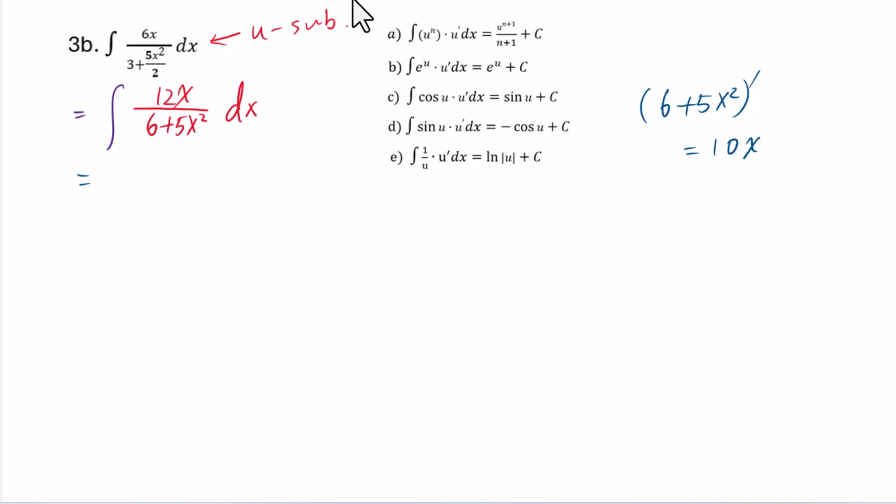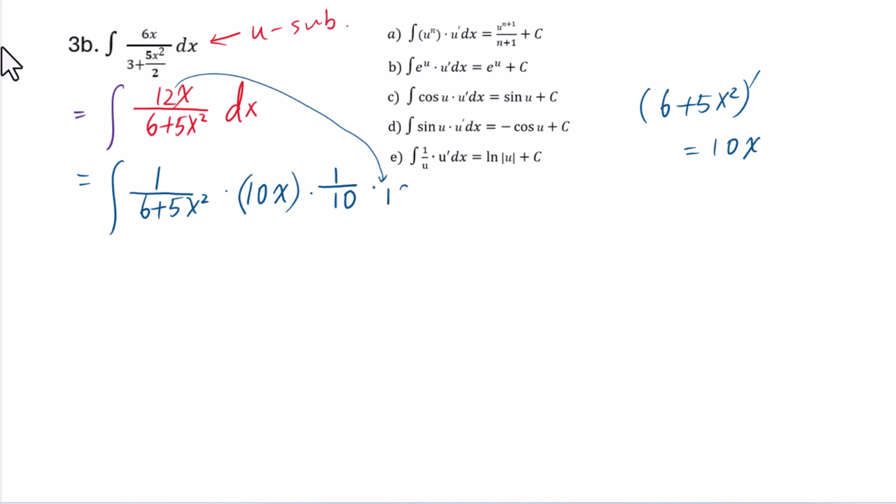We need to create 10x. 1 over 6 plus 5x squared times 10x. Since you create 10x, you need to divide it by 10. Then do not forget this 12.